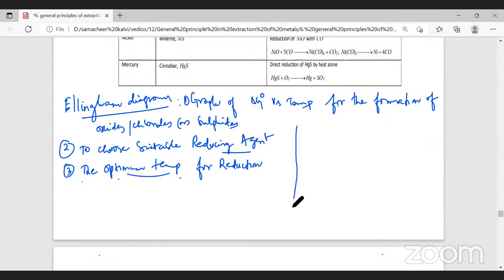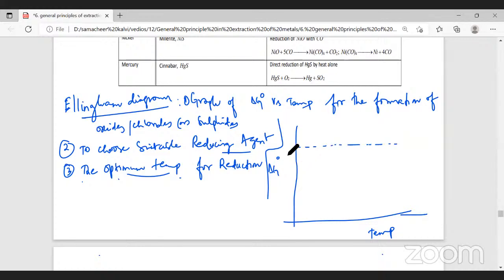Now, I will draw only a few graphs. This is standard free energy change as a function of temperature. You can refer to your notes. I don't have the picture right now. So we will plot a graph. This is 0, this is minus 200, minus 400, minus 600, minus 800, minus 1000, and minus 1200.